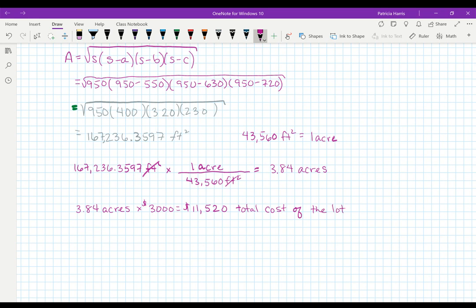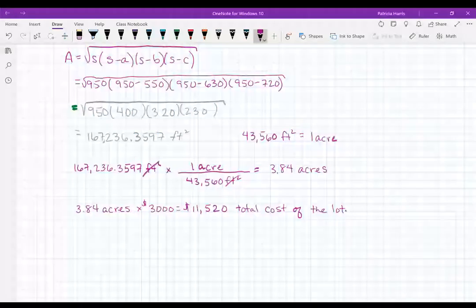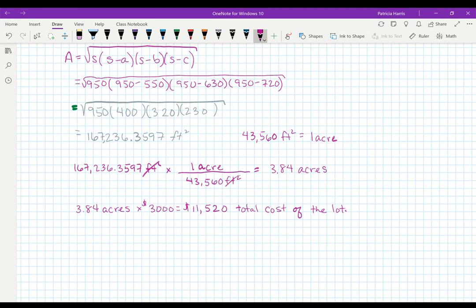So that's how you would use area in the application process. Again, this problem comes in many disguises. A classic one is how many cans of paint do you need to buy, cost per acre, things like that. Okay, so I hope this helped, and I'll talk to you later.